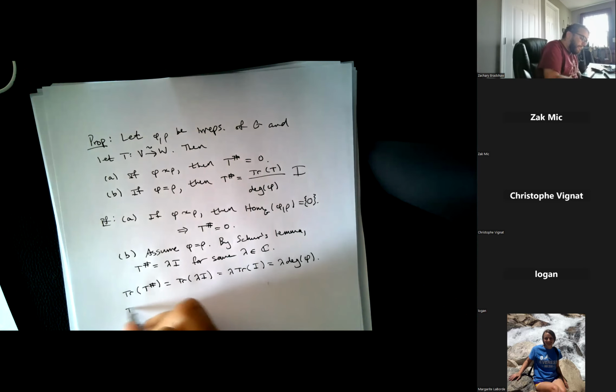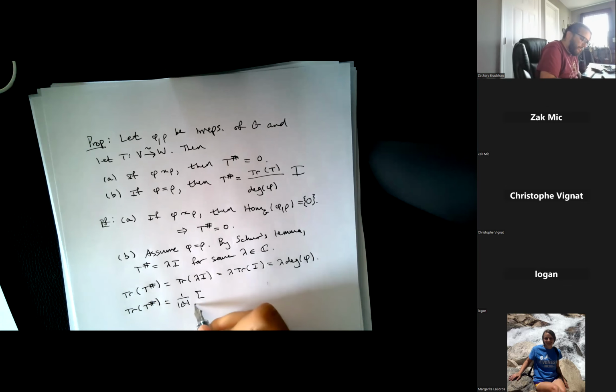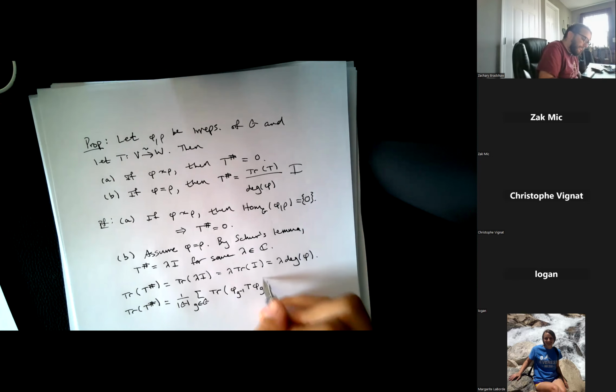On the other hand, the trace of t sharp, or the trace of the twirl, we can write out the twirl explicitly and then use linearity. What we get is 1 over the order of g times the sum of the trace of phi g inverse t phi g.